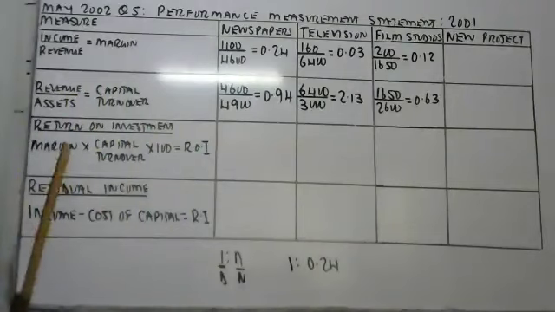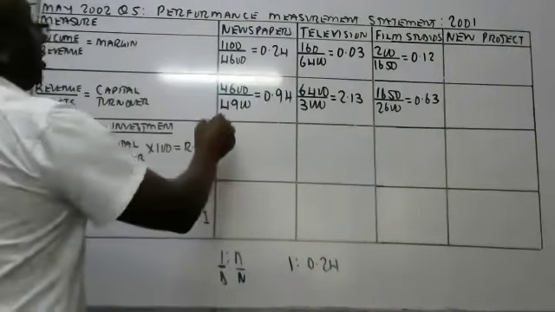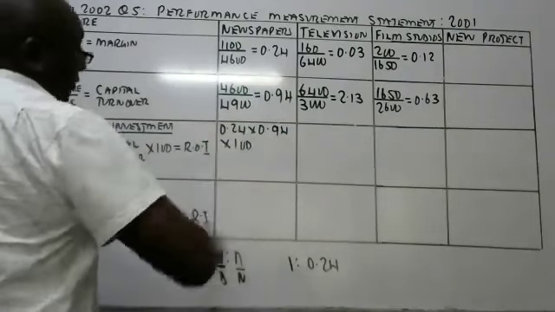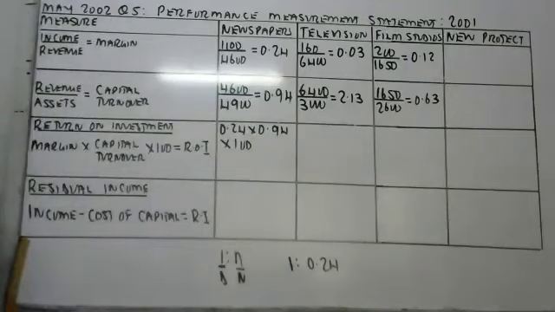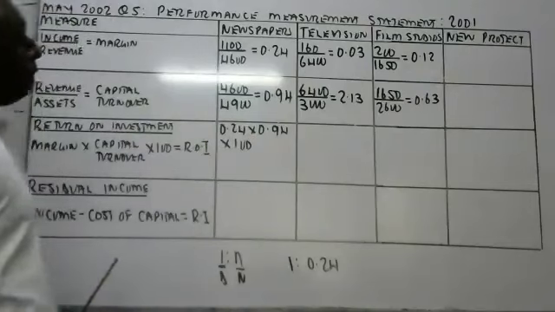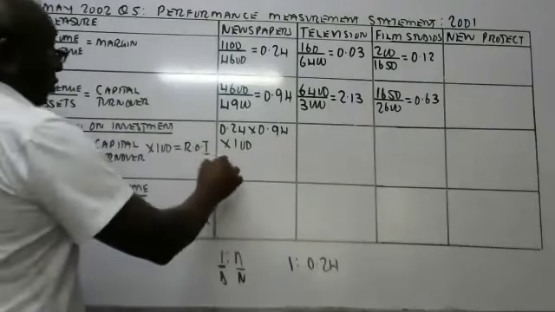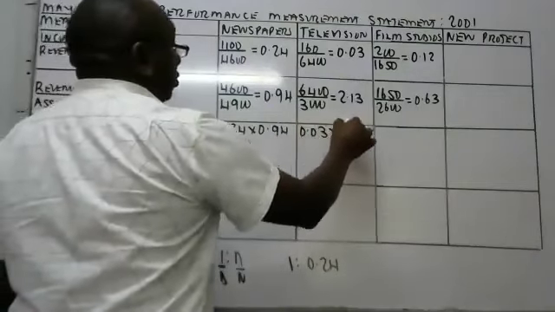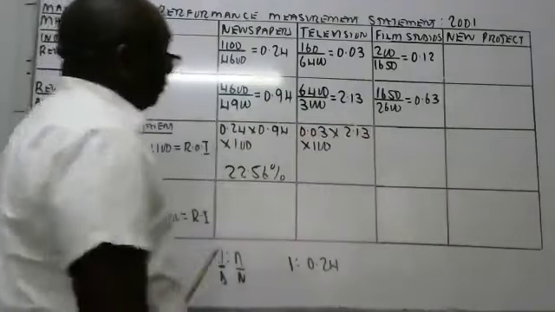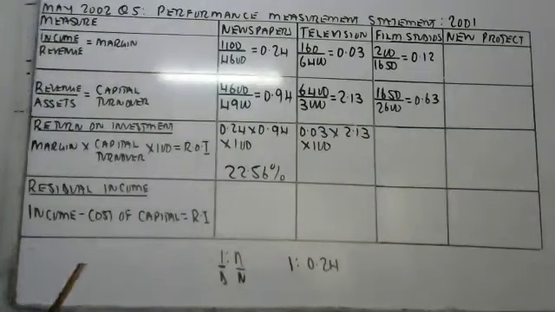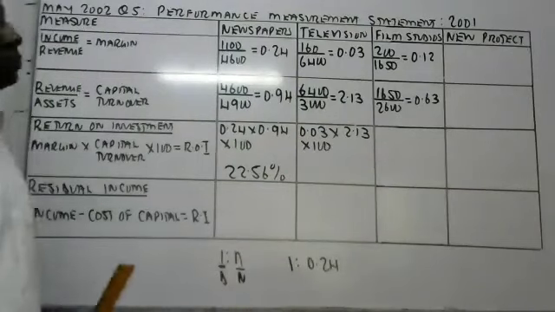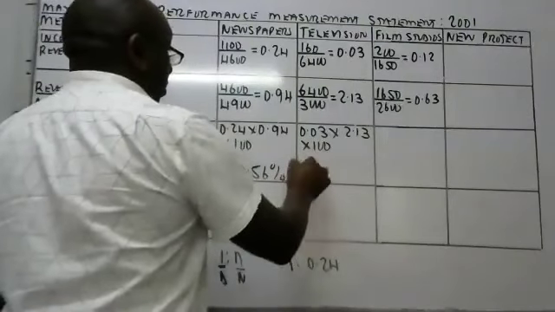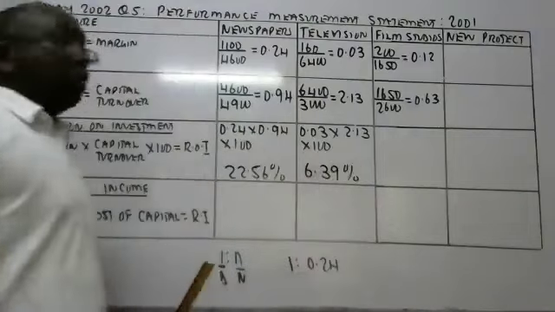Okay, then we come to the return on investment. So the return on investment, this will be 0.24 times 0.94 times 100, which is 22.56%. Here, 0.03 times 2.13 times 100 gives 6.39.